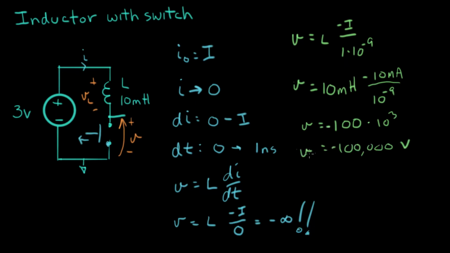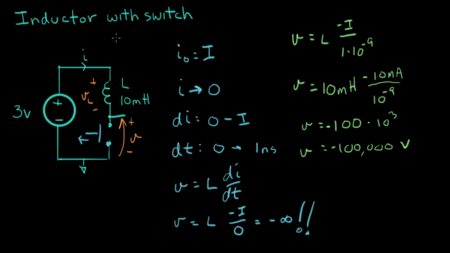This says that V, the voltage across the inductor, our calculation just said it's going to be minus 100,000 volts. Now, minus 100,000 volts means that the negative terminal is 100,000 volts above the positive terminal. So this voltage, V, is actually at 100,000 volts.